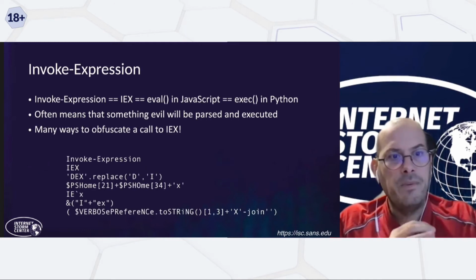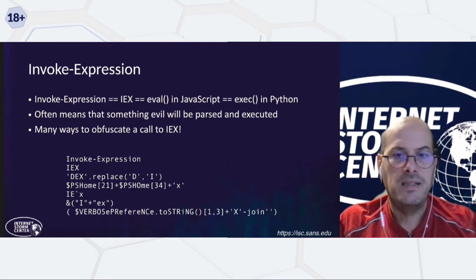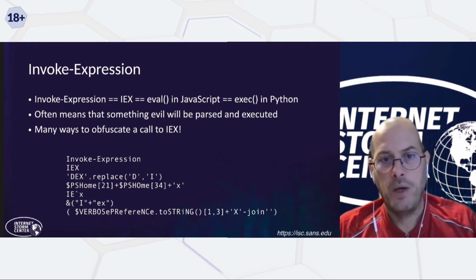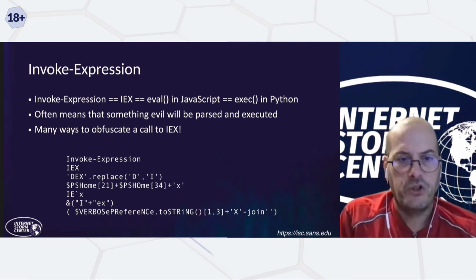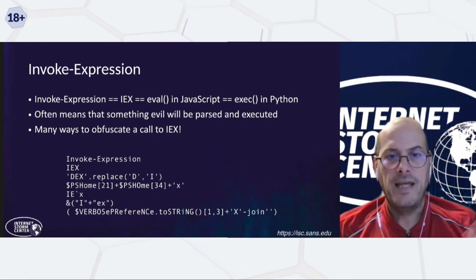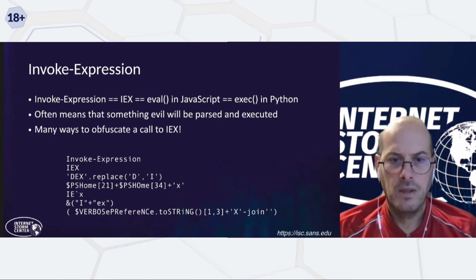The next step is Invoke-Expression. Invoke-Expression is the gold mine. That's really the thing that you have to find when you are investigating a malicious script for the first time. What is Invoke-Expression? Usually I compare this to eval in JavaScript, or to exec in Python.